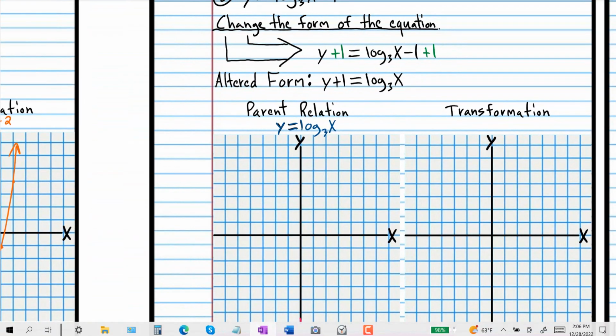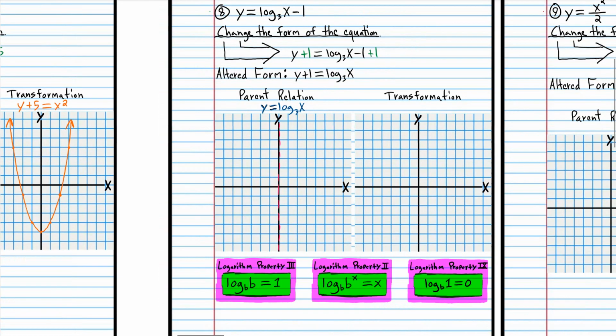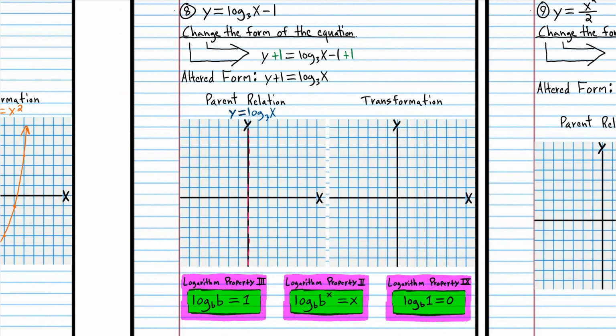So again, we have a vertical asymptote. And if we use the logarithm rules, we plug in 1, we always get 0. We plug in 3. 3 is the base, so if you plug in 3 for x, you always get 1. And then we need to plug in powers of 3, but 9 is the next power of 3, which means that it's not going to be on our window. So we can just connect the dots.